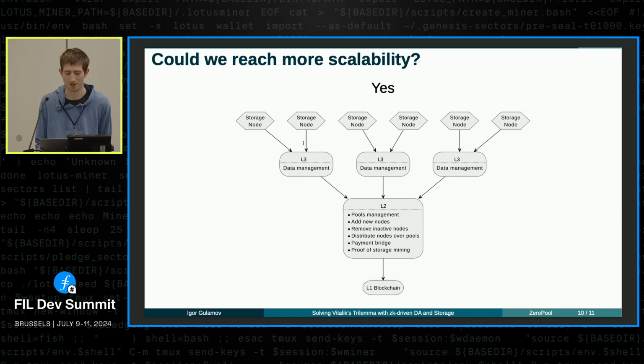By this approach, we can reach a universal data layer for applications and rollups, and it could be used for Web 2 to Web 3 transformation.